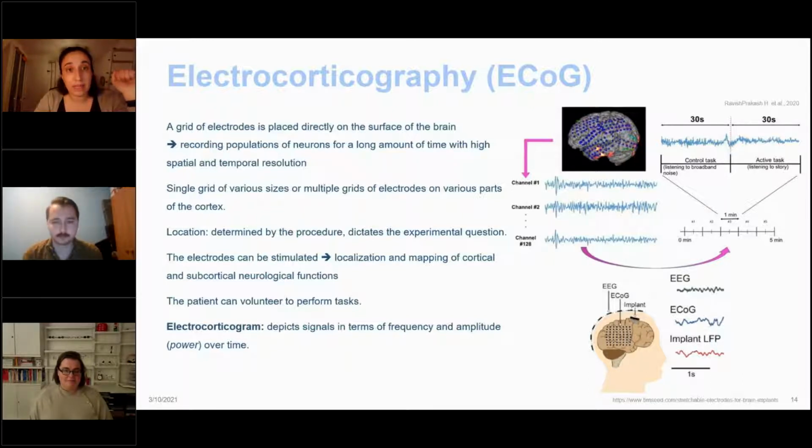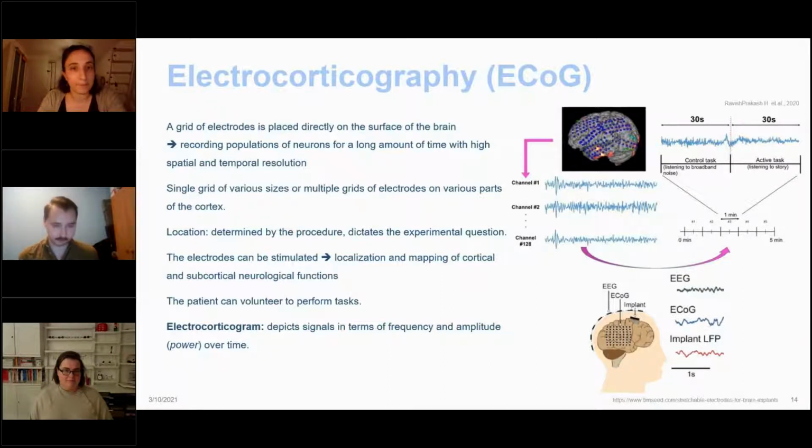Again, same idea as EEG, but this time much higher spatial resolution because the electrode is placed so much more directly into the neuron, and the depth of the electrode varies. For example, you can have electrodes that are really deep in the cortex, and electrodes that only slightly penetrate the cortex.